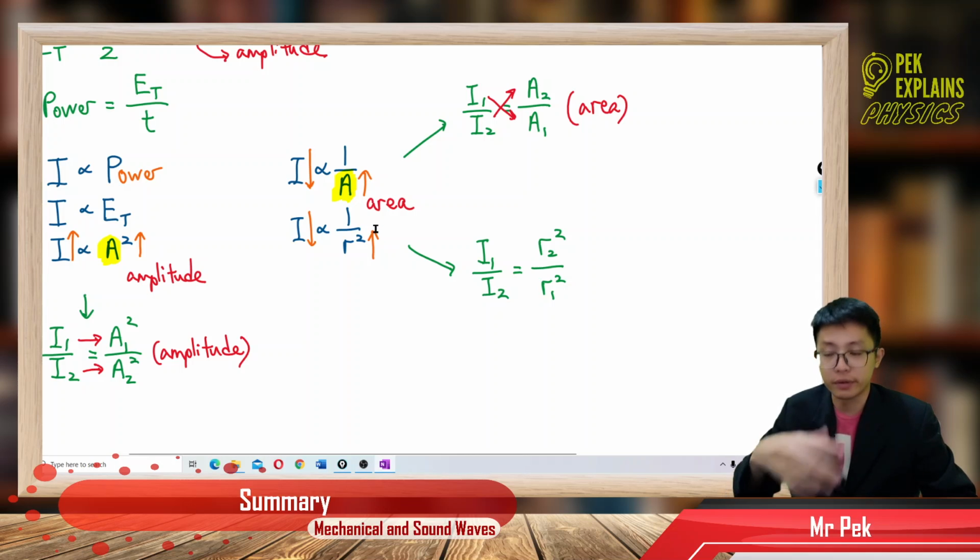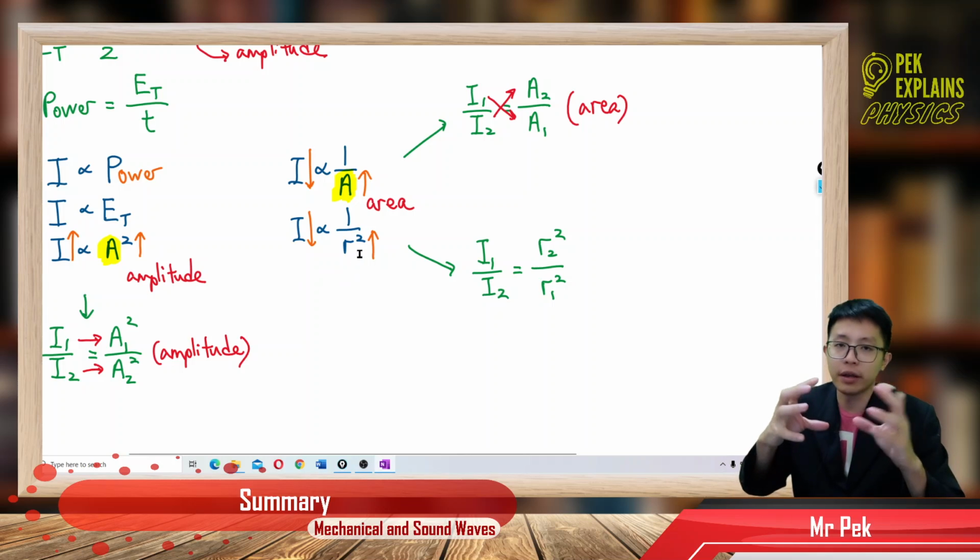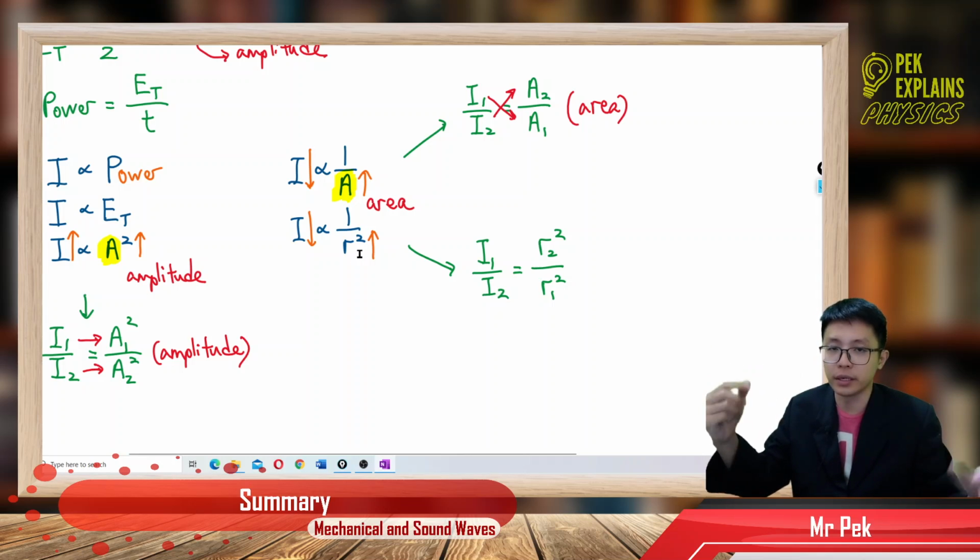The further away from the sound source, the lower the intensity of sound you hear, or the lower the volume, the softer the sound you hear, because the sound energy is already distributed to a bigger area.